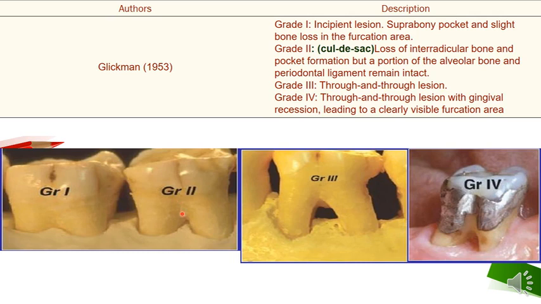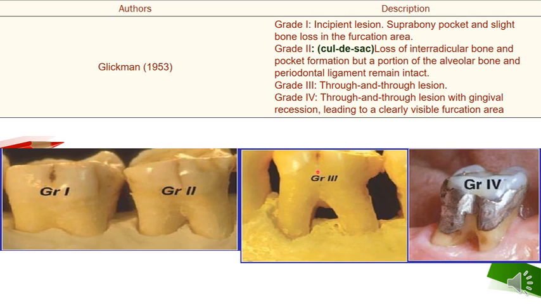Grade 2 is the cul-de-sac. Cul-de-sac means blind, a tunnel with one end open and one end closed. There is loss of interradicular bone and pocket formation, but a portion of the alveolar bone and periodontal ligament remains intact, which means on probing, we can enter the probe from one end but cannot get it out from the other end.